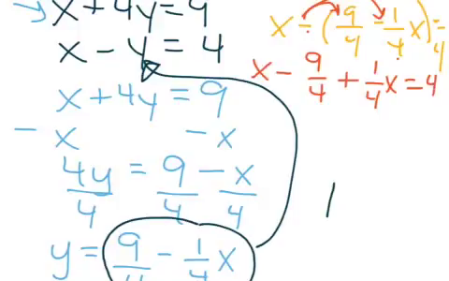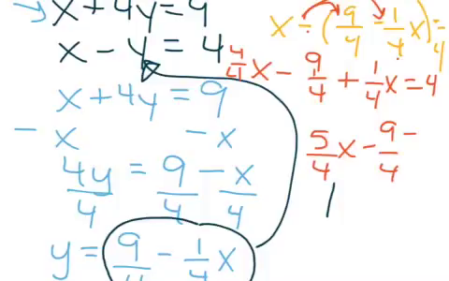So I've got this weird x minus 9/4 plus 1/4x. So if I treat that as a 1, if I make it a 4 over 4 and add, I've got 5 over 4x minus 9 over 4. And since we're dealing with 4s over 4s, I'm going to make this 16 over 4.